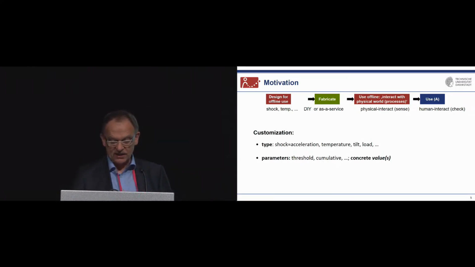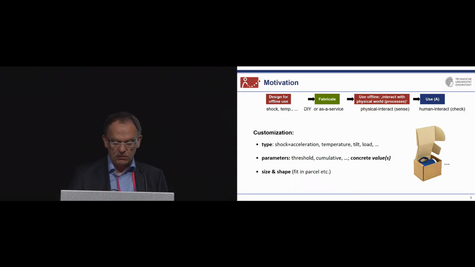Anyway, so the customization that we have to do is concerning the sensor value types, but also the concrete parameters like the threshold value. All this has to go into the design and determines how the sensor is built. But using 3D printing, we also have an additional advantage, even in very tight packaging. For instance, we can adjust the size and shape of the sensor to constraints that we have in the process.